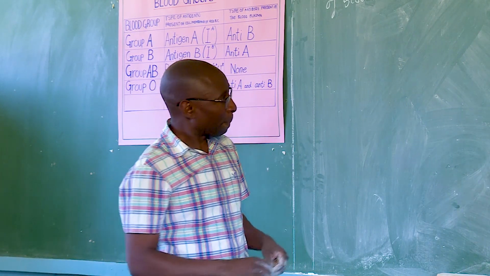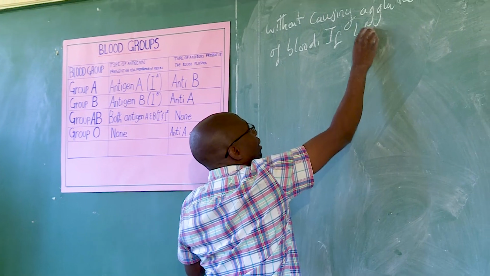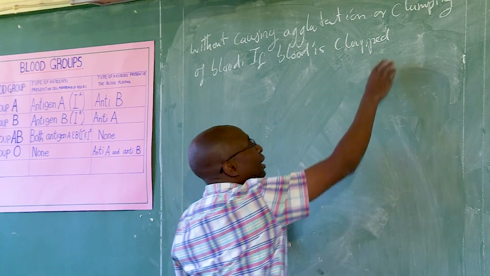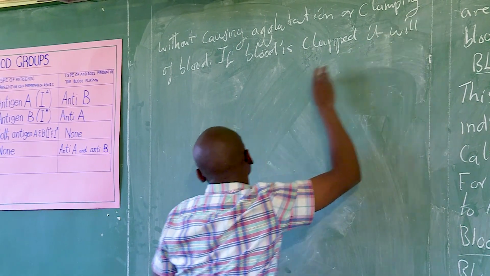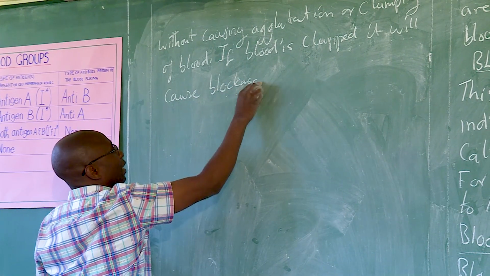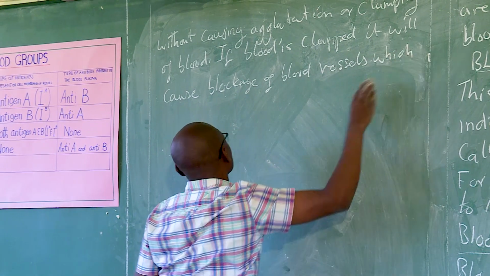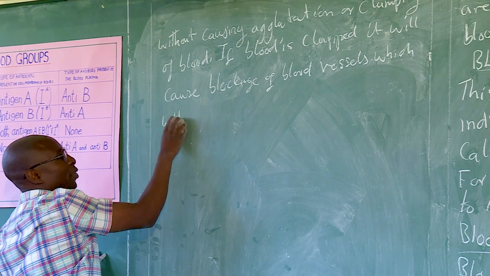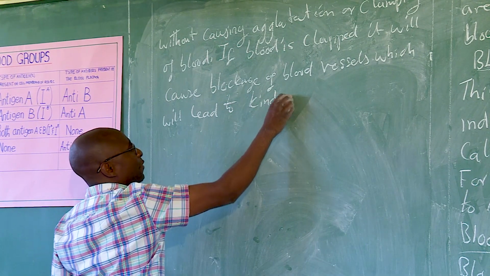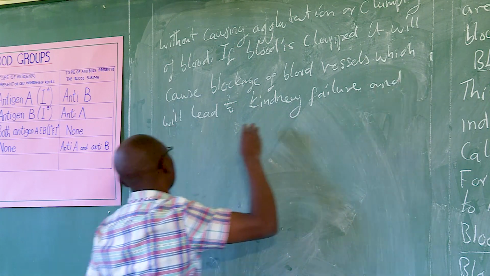Now, let's write something there. If blood is clumped, it will cause blockage of blood vessels, which will lead to kidney failure and stroke.